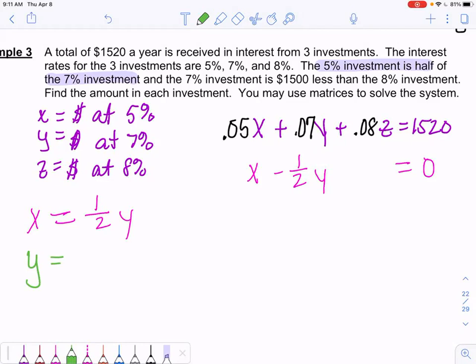So 8%, 1,500 less than it. So Joe, again, you said Y equals Z minus 1,500. So again, 7% is means equals, and then 1,500 bucks less than the 8% investment. And then if I wrote that equation, I would have Y minus Z and then negative 1,500.